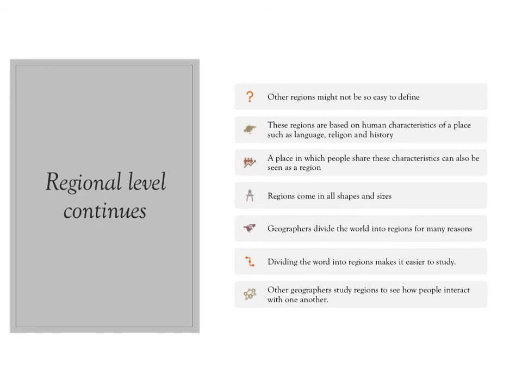Now, why do geographers study regions? Geographers study regions to see how people interact with one another. As I informed you before, they may study a city, for example, such as London in England, to learn how the city's people govern themselves. They can also study and compare one region to another.